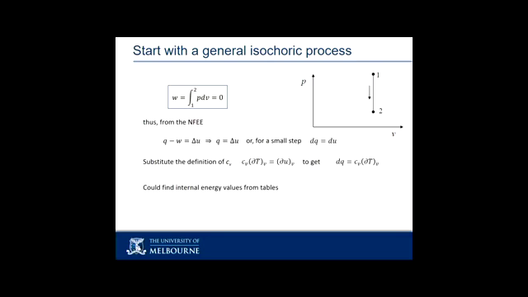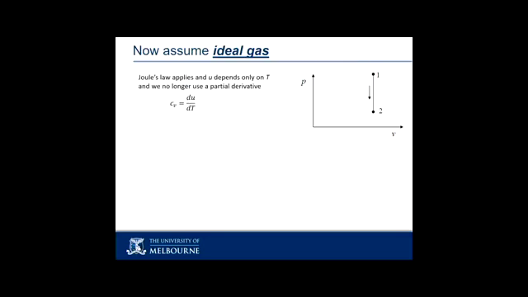I could go look up the internal energy, but for a perfect gas, I've got an extra thing. Apply Joule's law. Joule's law said internal energy is connected only to temperature for a perfect gas, an ideal gas. So CV equals, no longer a partial differential, CV equals dU by dT, a full differential.